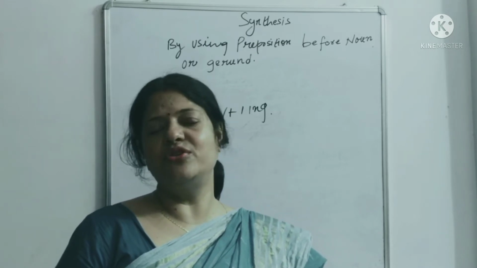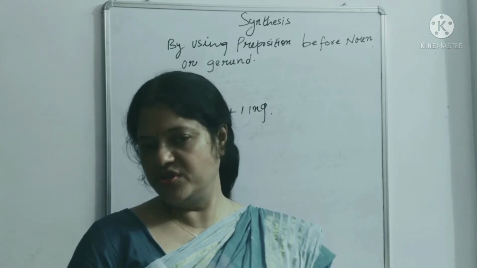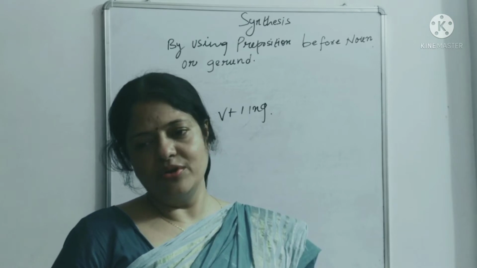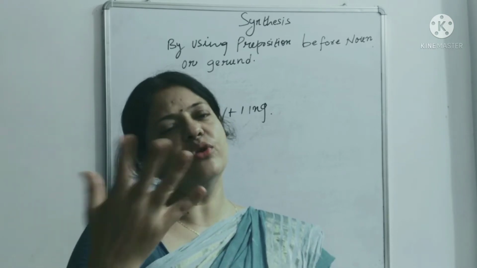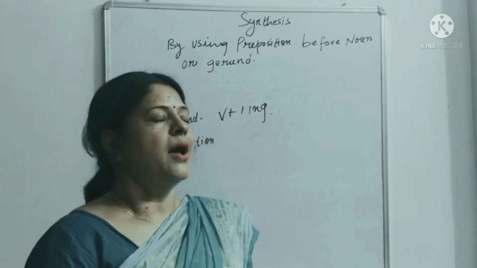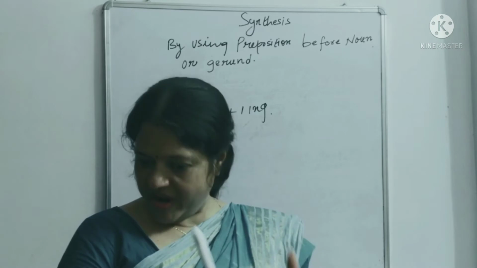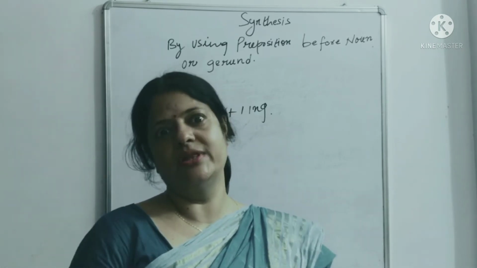I have made videos on gerund, I think in two or three parts, and you can find them in the playlist. But let me tell you something about gerund right now so that it is easy for you to understand the whole thing.